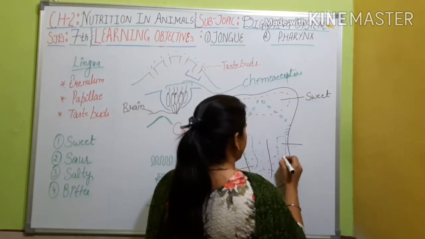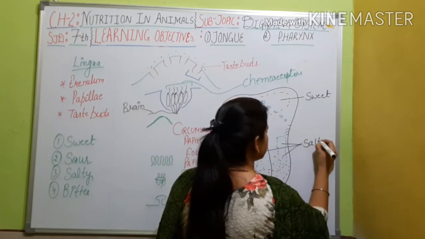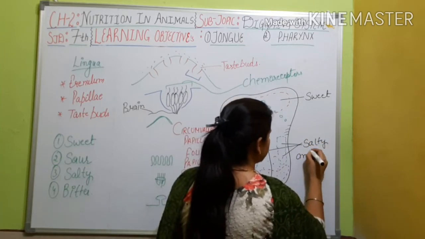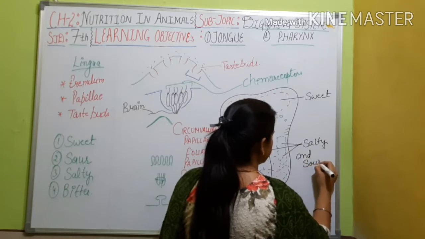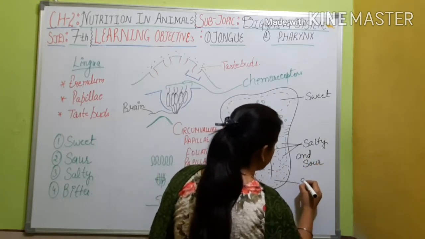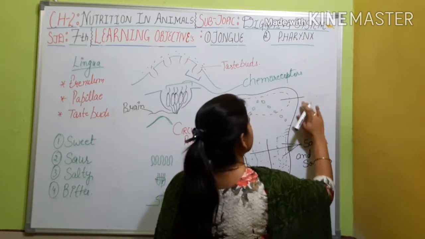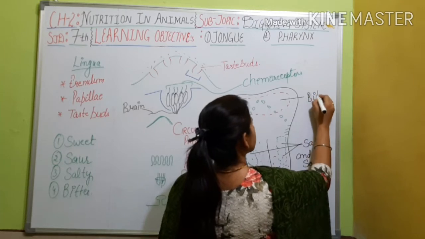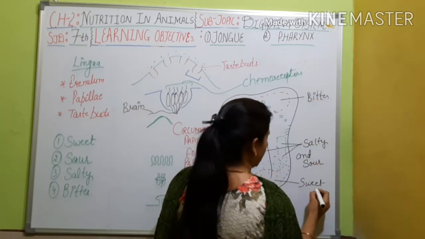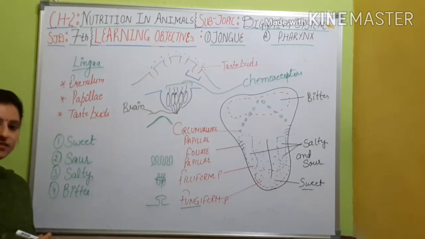This area has the taste buds for the salty and sour, and this area has the taste buds for the bitter, and this is for the sweet. So 4 types of taste our tongue can detect.